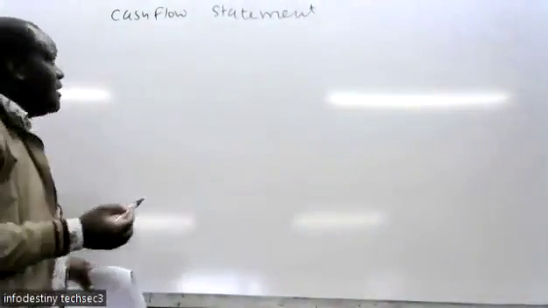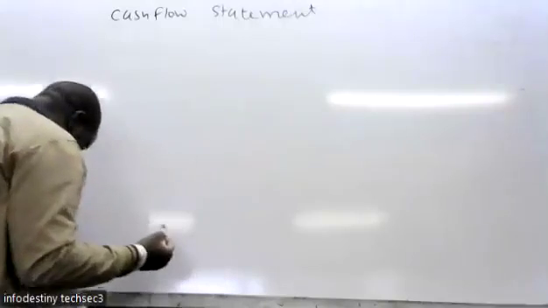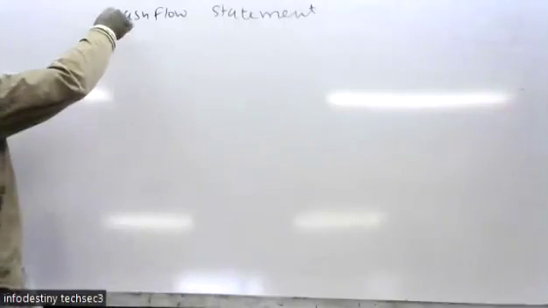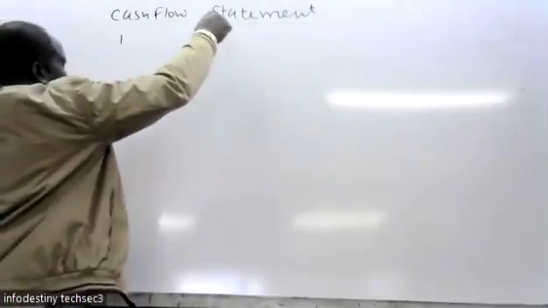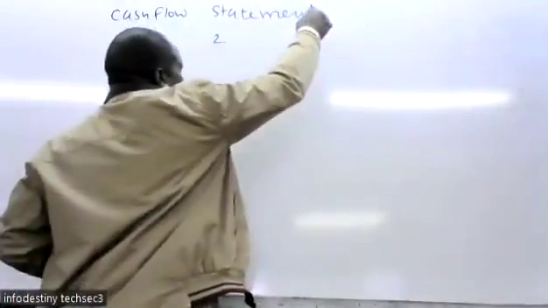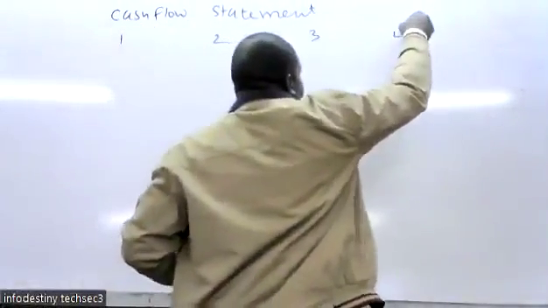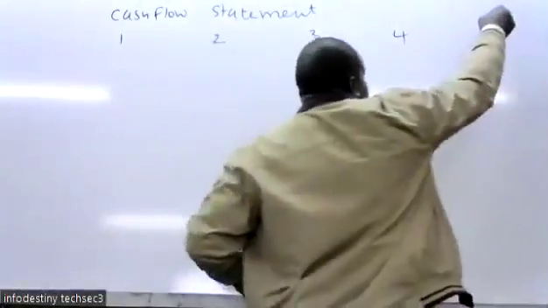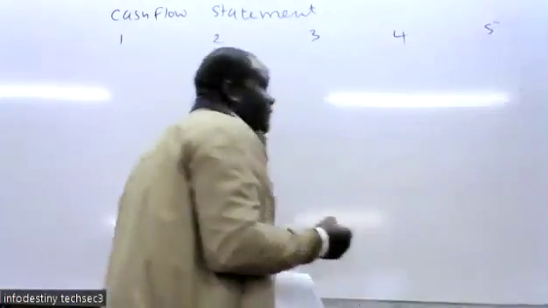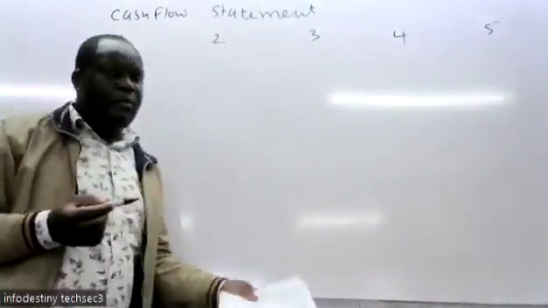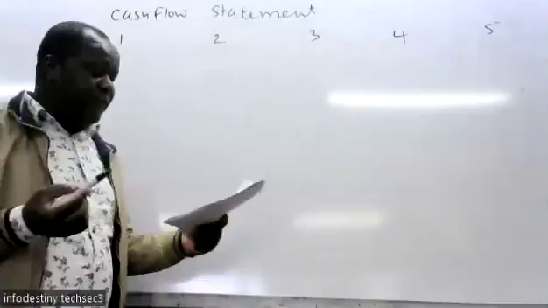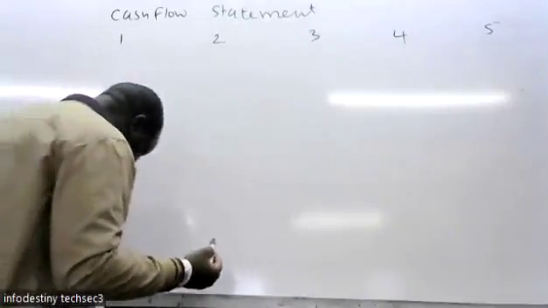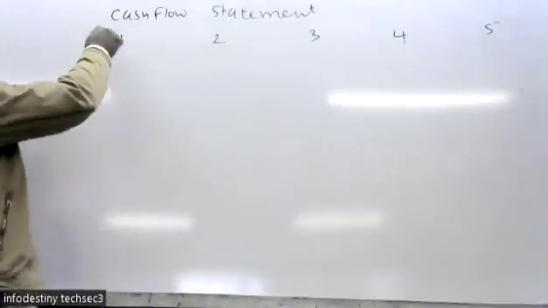So in our cash flow statement, we shall be having year 1, year 2, year 3, year 4, and also year 5, because the project was supposed to be there for 5 years. So I will reduce the figures by 3 zeros.